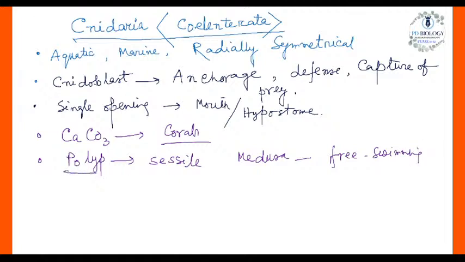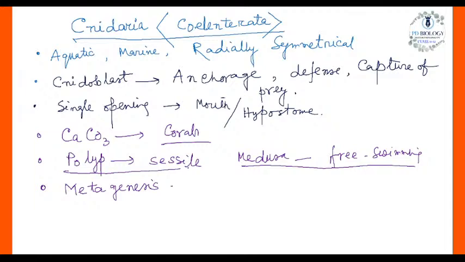So one is associated with asexual, another associated with sexual. So the alternation of generation, we can say, the special category that is called metagenesis. Polyp produces medusa asexually and medusa forms the polyp sexually. Is it clear?